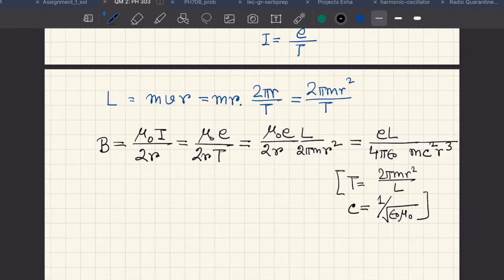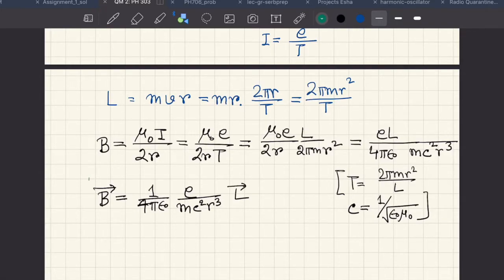Therefore finally I can write B as 1 by 4 pi epsilon naught E by m c squared r cube and then this L. So this is the expression of the magnetic field that we have obtained by a purely classical calculation. We have not done anything quantum in this whole calculation.